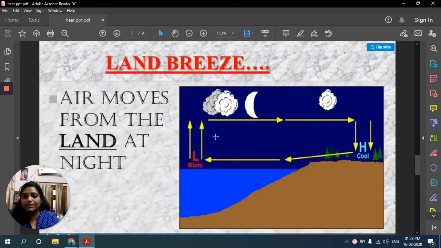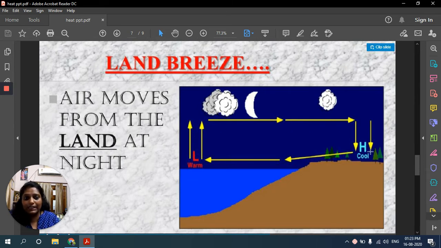Now, understand this from the diagram. Air moves from the land at night, that is called land breeze. During the night, as you know, water is a bad conductor of heat. So, it will absorb the heat very slowly and it releases the heat slowly. So, during night, the air above the water is warmer, so it rises up.